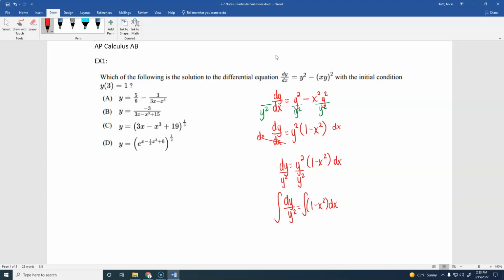I was waiting for somebody to say natural log, but nobody was saying that. But you don't use natural log for this. My students usually want to do a natural log because we use the natural log pretty often when we have a denominator, but if you have an exponent of 2, I like to just think of this as y to the negative 2 dy.